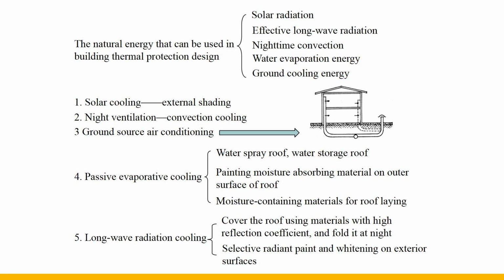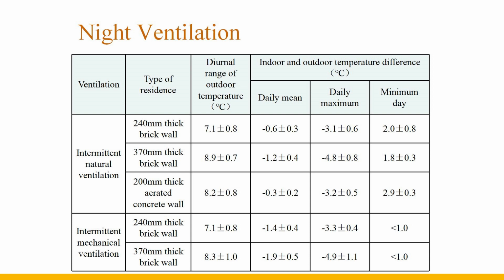The average daily indoor temperature is 1 to 2 centigrade higher than the outdoor temperature, but it is about 3 centigrade higher than the outdoor at night, indicating that continuous natural ventilation does not really achieve the purpose of cooling. Ventilation at night belongs to intermittent ventilation, and natural ventilation or mechanical ventilation can be used.